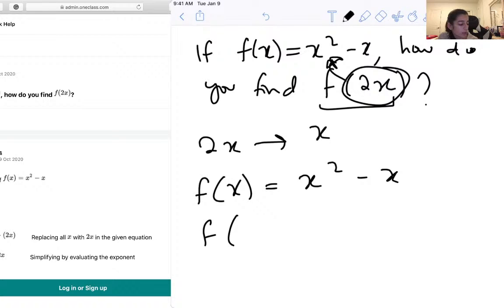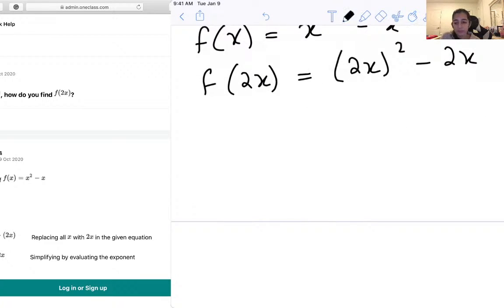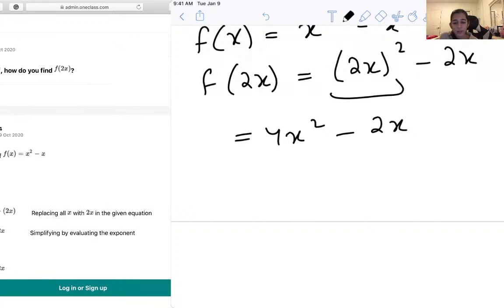What we're going to put in is 2x. So 2x squared minus 2x. And that would be our equation. And then we can simplify this further. So that would be 4x squared minus 2x. And that would be our answer.